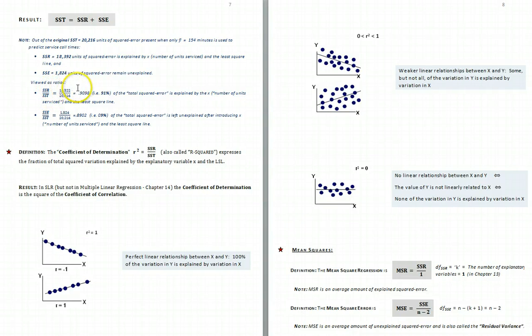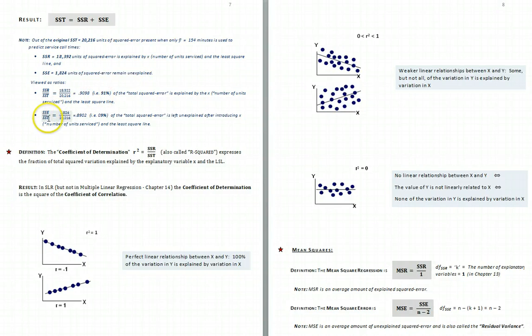After we introduced the simple linear regression line along with the X variable, we had 18,322 units of variation explained out of the original 20,216. That's approximately 91% of the variation is explained by the number of units serviced variable and the simple linear regression line. And we can look at it the other way around too.